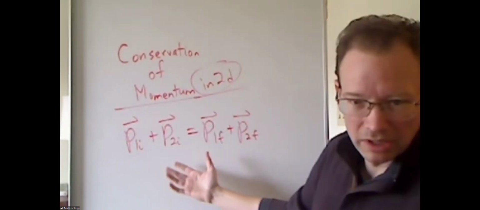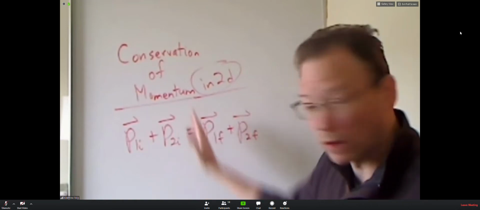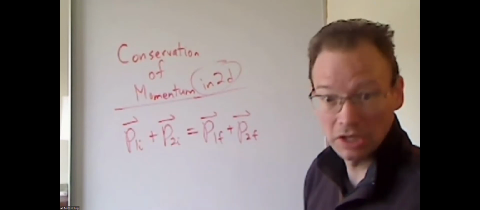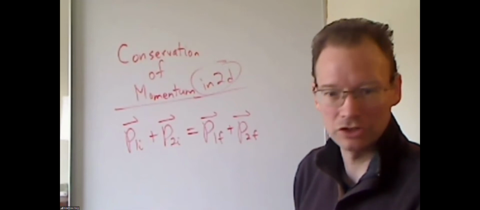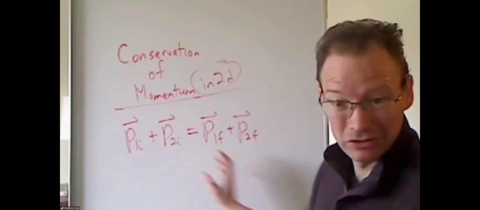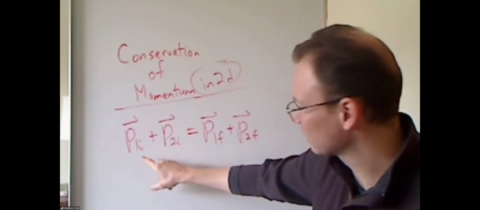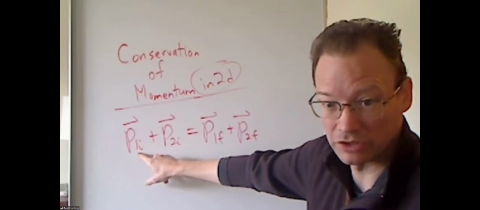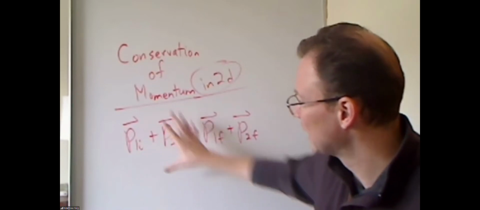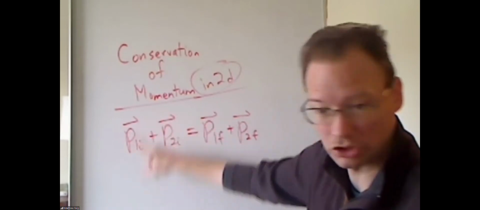Now, what's one way to deal with vectors? A really good way to deal with vectors is choose an x-axis and a y-axis and split all the information into components, maybe using i hat and j hat to write things out neatly. We are not going to do that today. We are just going to directly draw the vector arrow for P1 initial on the sheet, P2 initial, add them and have another vector on the sheet which represents total initial momentum.